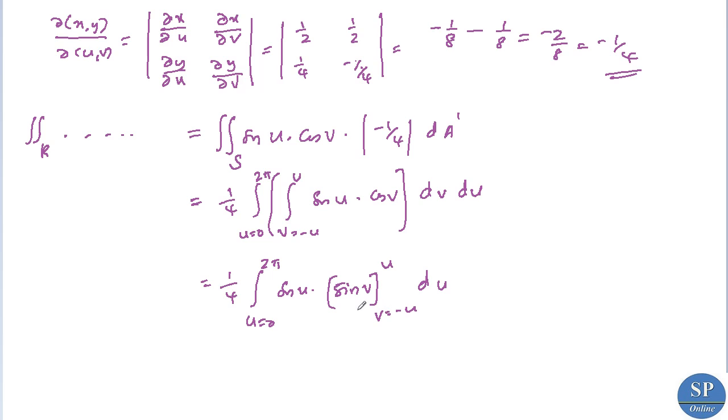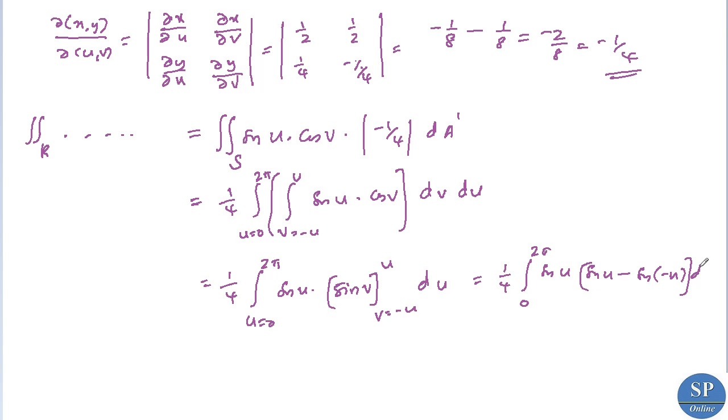Or you can write this, since cos v is an even function, as 2 into the integral from 0 to u. Applying this limit, we get sin u minus sin of minus u.